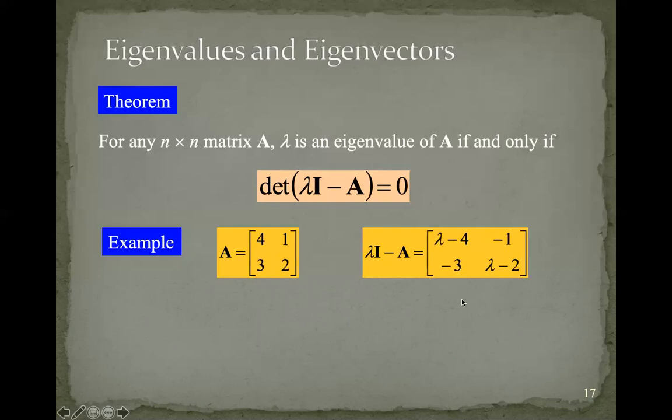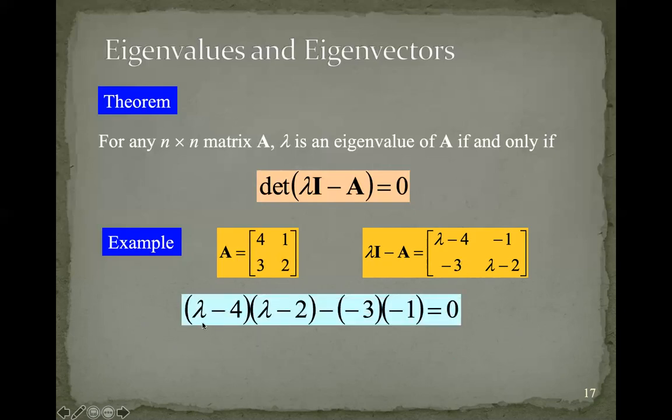Let's look at the determinant of this matrix. That is lambda minus 4 multiplied by lambda minus 2, subtract the product of minus 1 and minus 3, and I want that to equal 0.